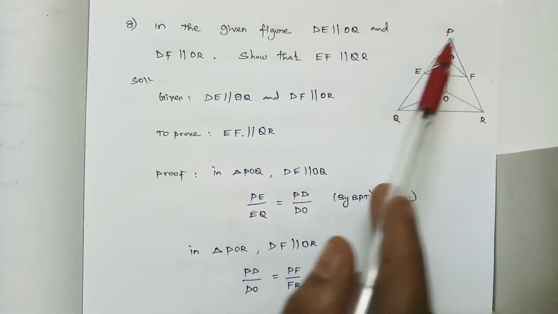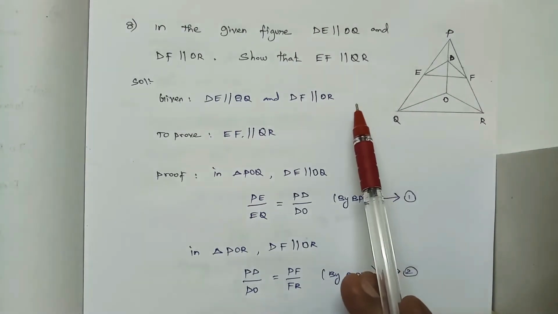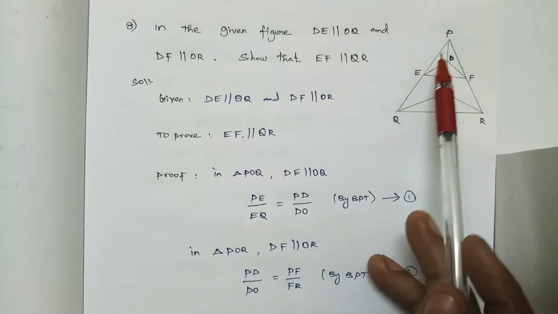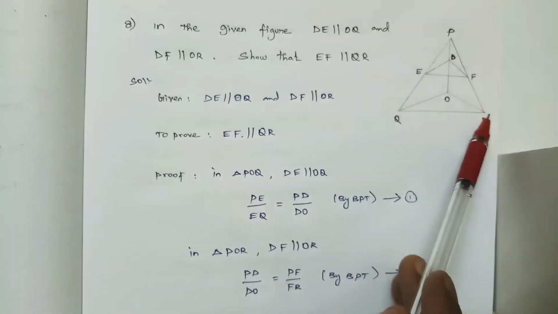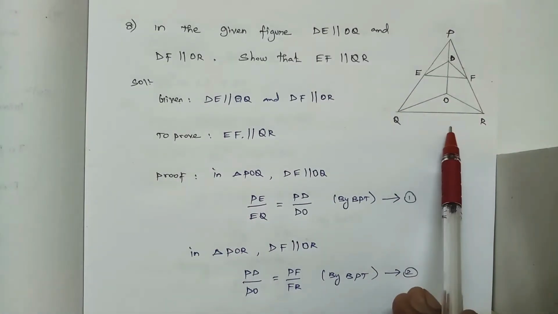If the sides are in the same ratio, then we can say that EF is parallel to QR. Understood?